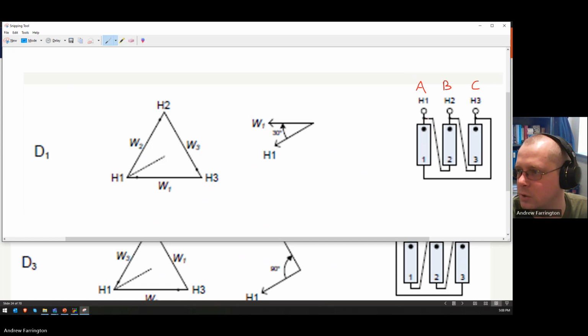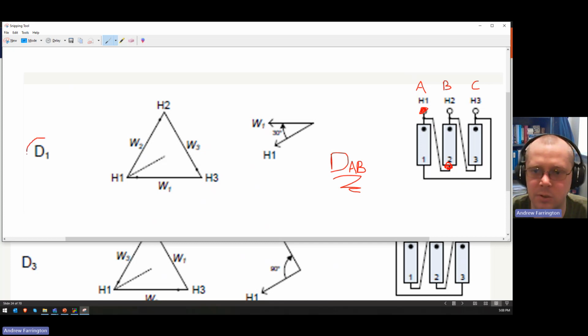You see that? So here's A, this is the polarity, and this winding is connected B to A, right? B is the polarity, and the non-polarity is A. So this is how I think of it. It's a delta winding with the polarity of A connected to the non-polarity of B. Okay, so it's a DAB transformer, and that correlates to a DY1 transformer.